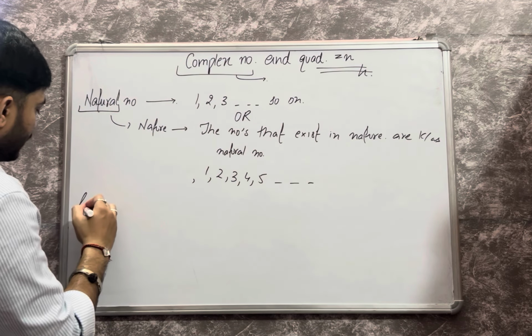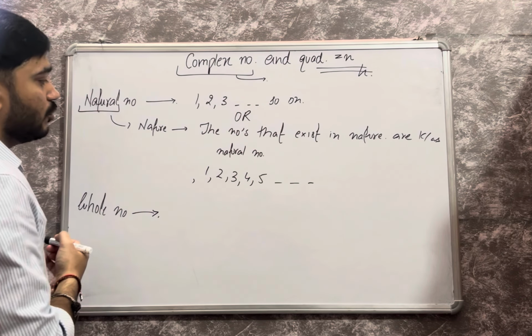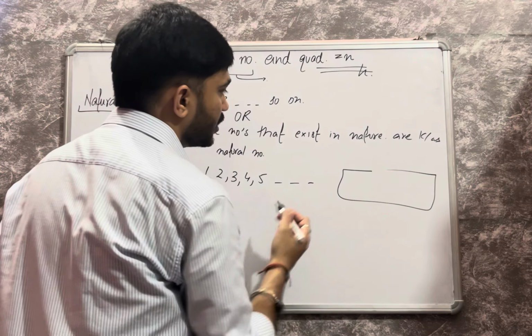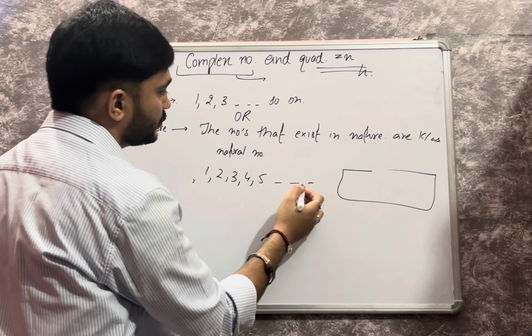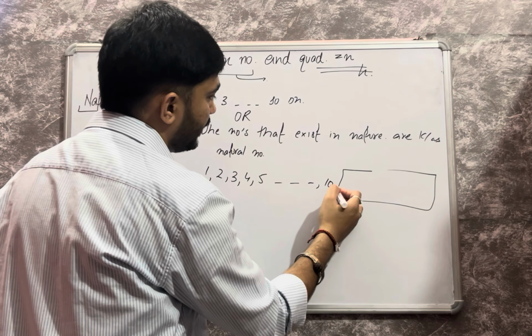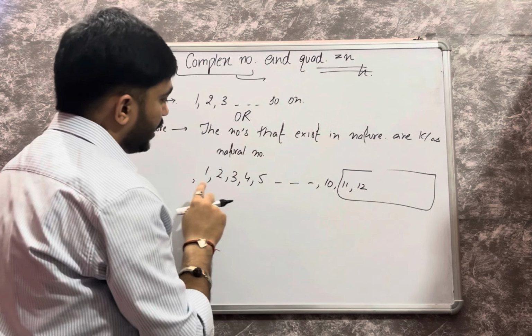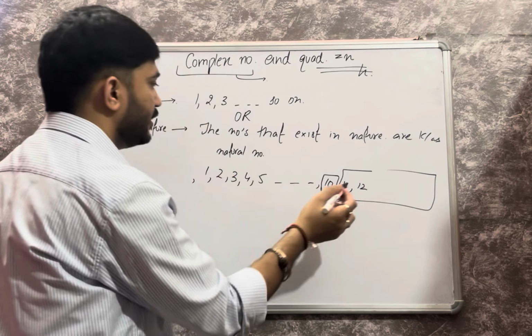Moving forward, we have whole number. What are whole number? Numbers that complete the set. Since in natural number we have 1, 2, 3, 4, 5, and so on, 9, 10, 11, 12, we formed a number and 10 is there, but 0 is not included in this.